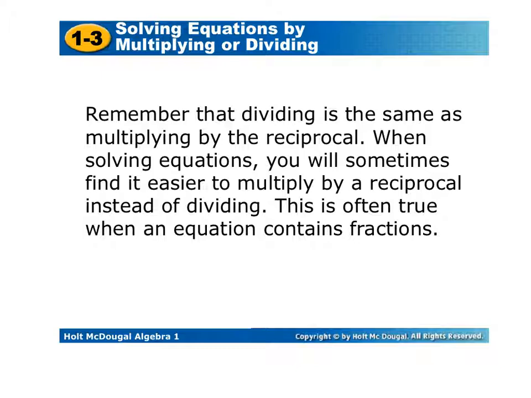Okay, so when we have a multiplication equation that has fractions in it, all we're going to do is multiply both sides by the reciprocal. I'll show you an example of this next.